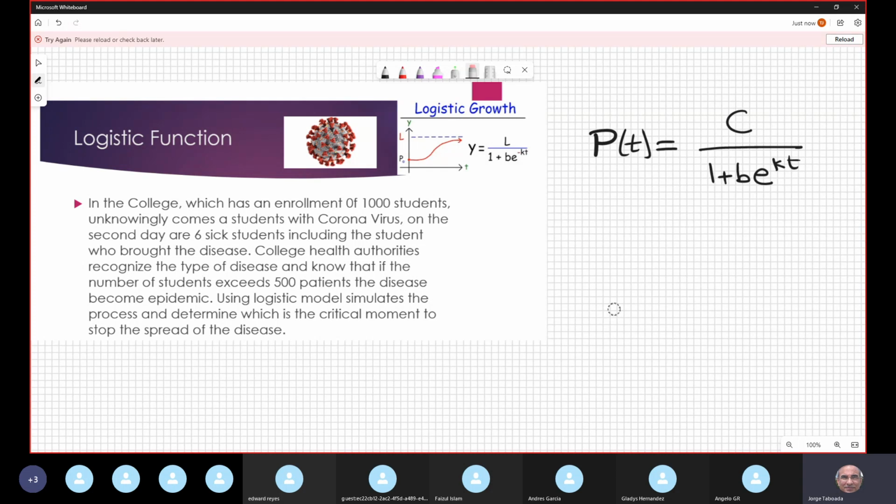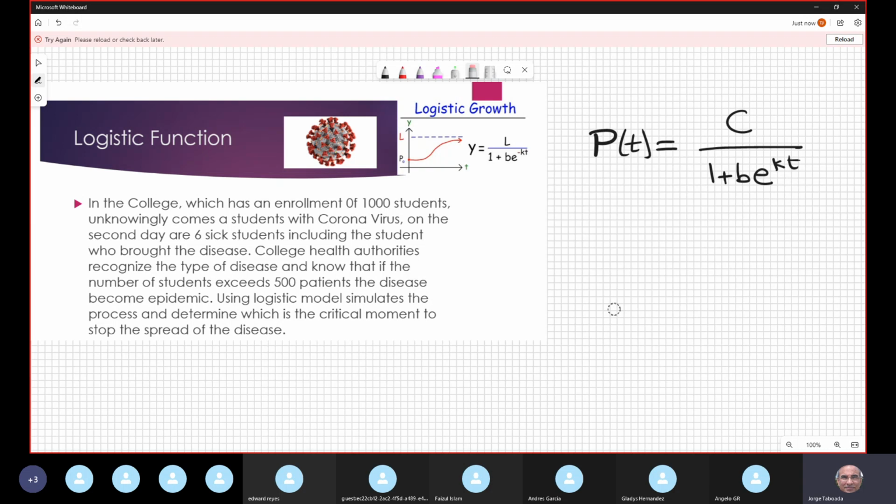And normally it's applied to analyze the population of a disease. In this case, it's about the coronavirus. Coronavirus infects the college. I want to read the problem in detail, but focusing on the formula.